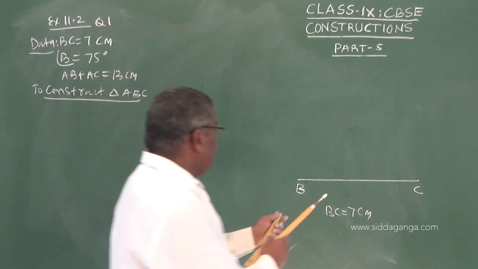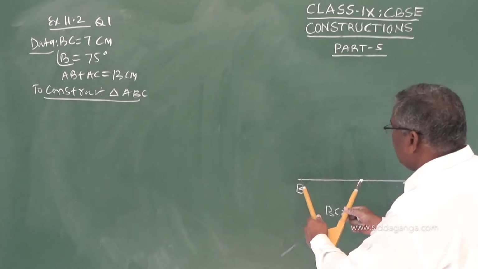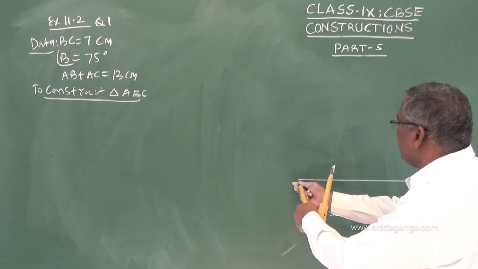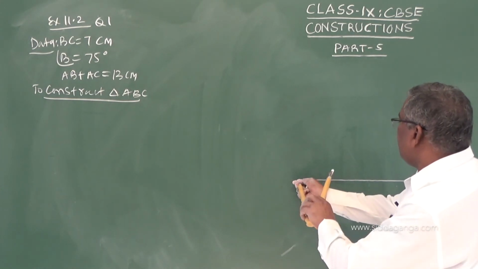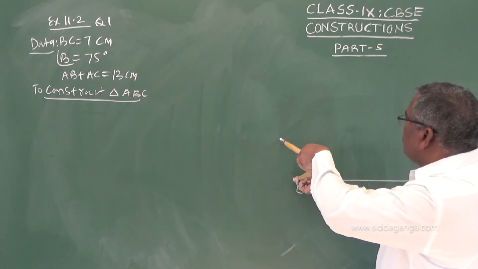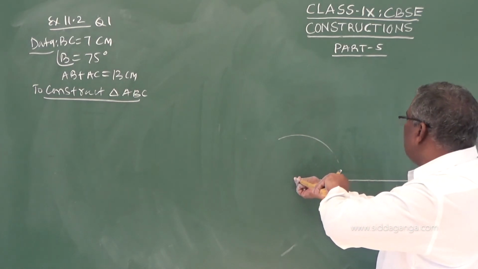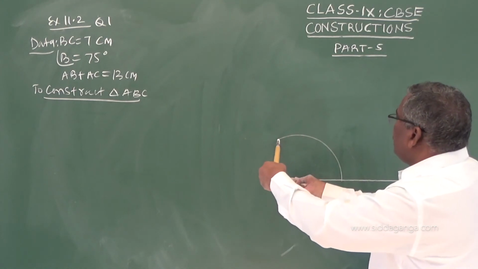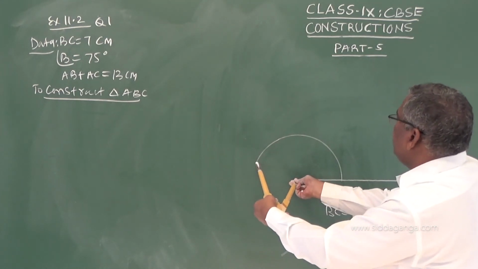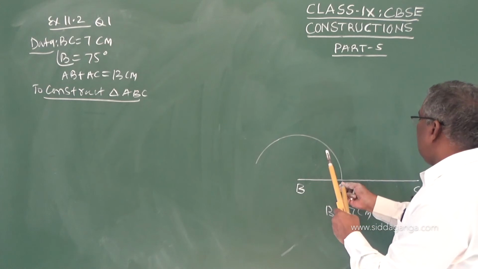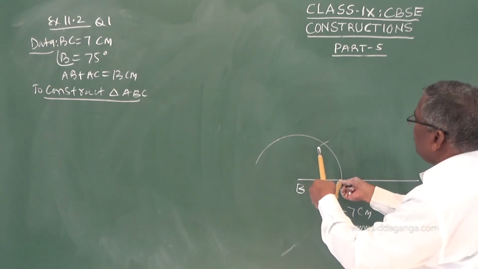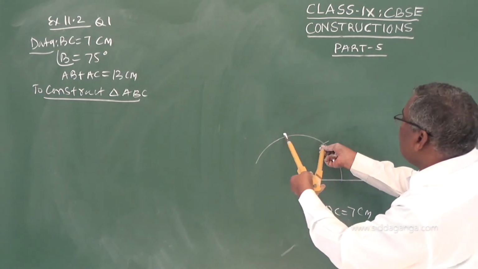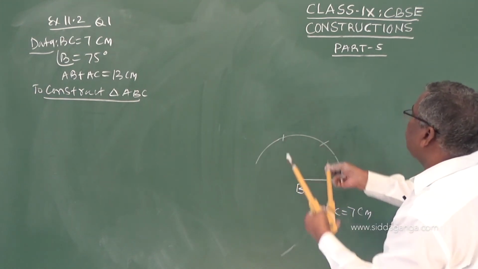So look into the procedure. You take some convenient radius with B as center and draw some arc like this, a semicircle type. Now with this arc, if you cut, this point will give 60 degree and this will give 120 degree.